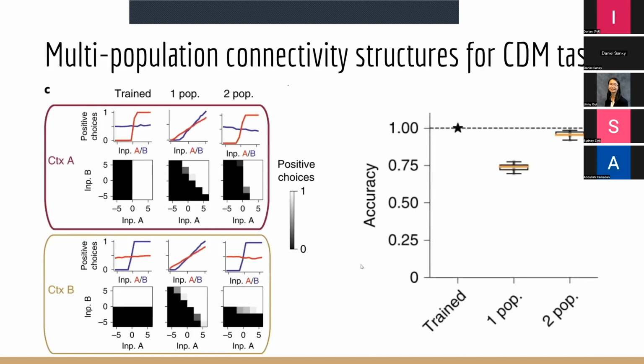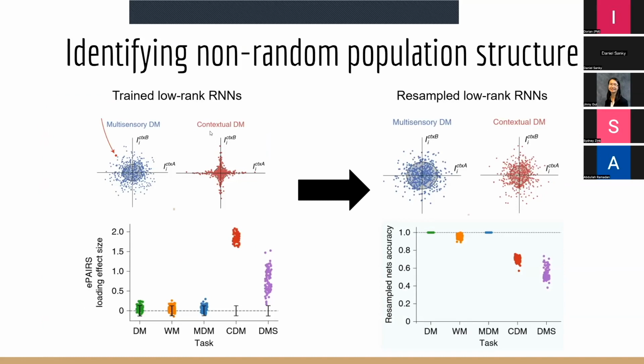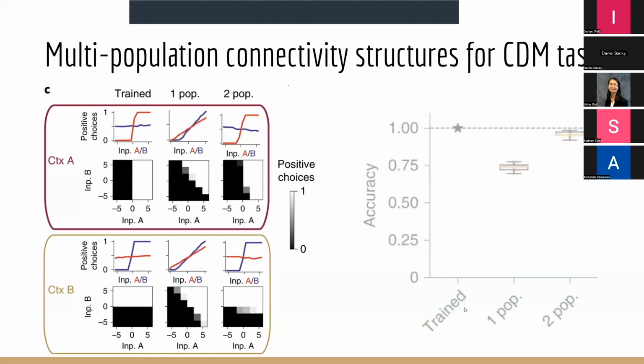So what these scientists then did was try fitting that original CDM network with two Gaussian distributions instead of just one. The assumption being that there would be one distribution that would fit over this set of neurons horizontally, and one that would fit across these neurons vertically. And they found that when they resampled according to two populations of neurons, you got near the trained network's accuracy, versus one population, which had a significant amount of accuracy loss.